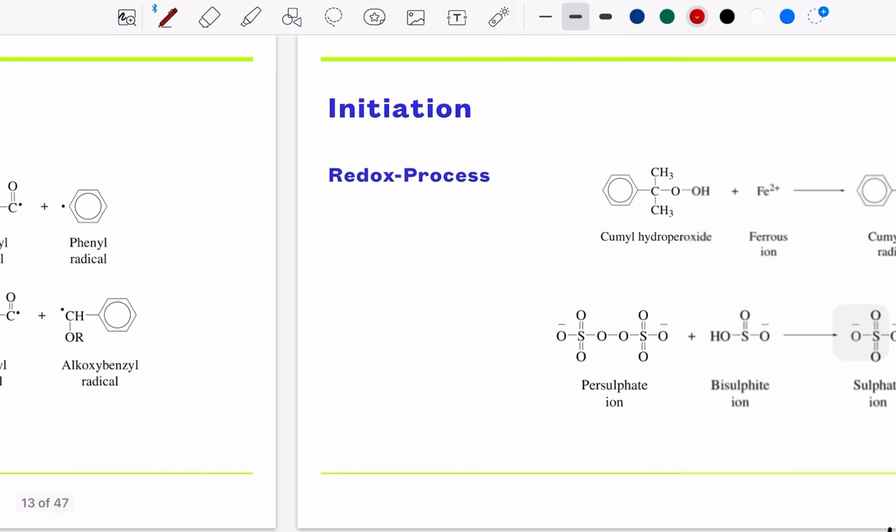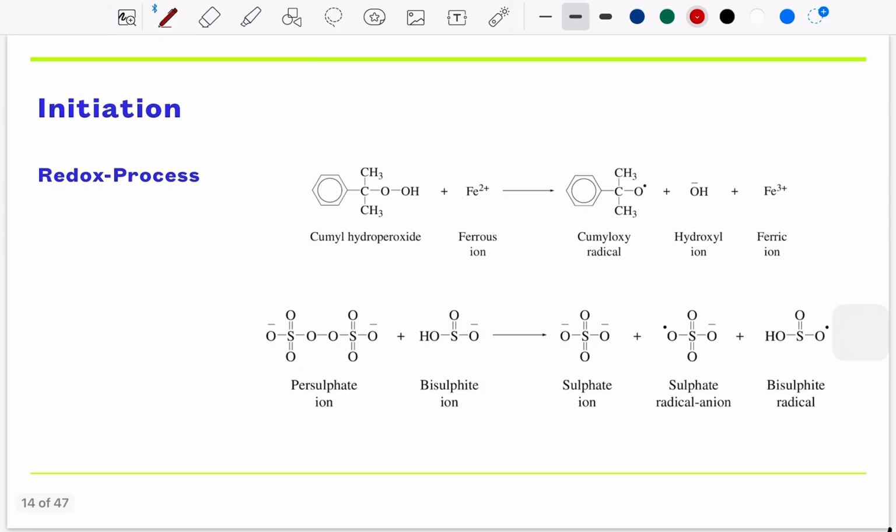And this is the redox process. If you see in the chemistry sense, there will be some electron transfer from the metal, right? From the Fe, from the ferrous, transferred to the hydroperoxide.